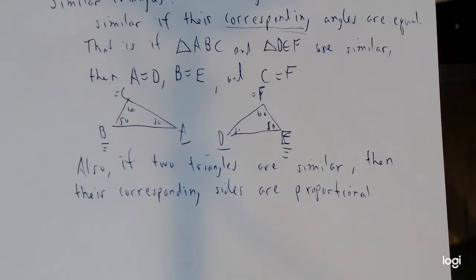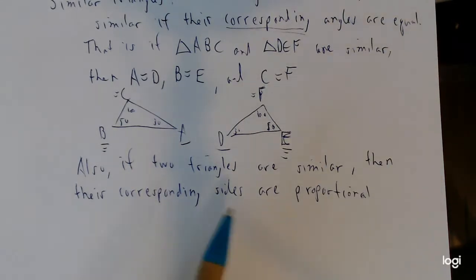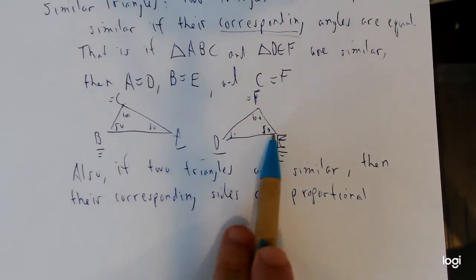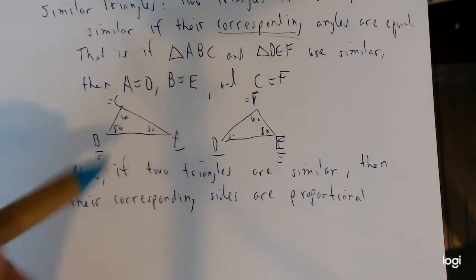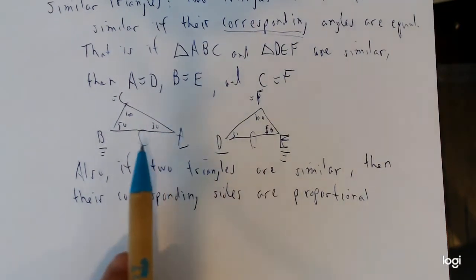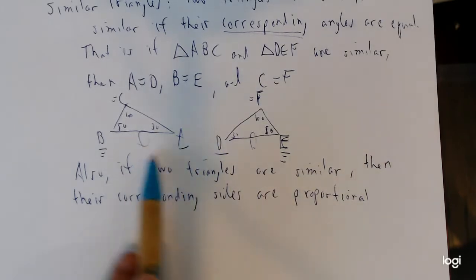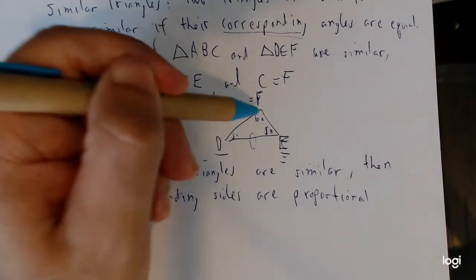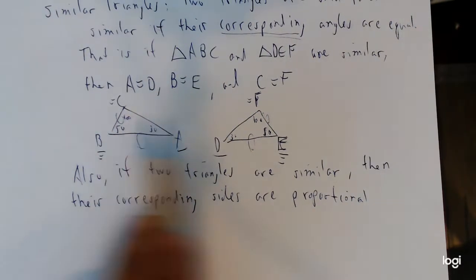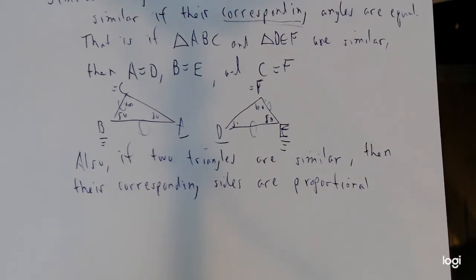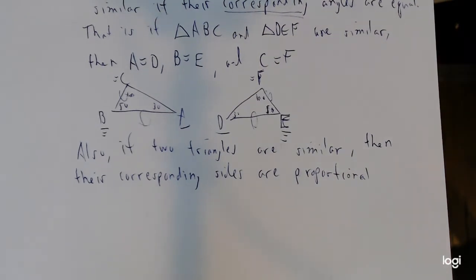So what is it that I'm saying here? If I have similar triangles and I take their corresponding sides, since these two angles and these two angles are equal, this side and this side are corresponding sides. If I write a ratio where I take one side divided by the other, and then I take the next two corresponding sides and find the ratio, the ratio will stay the same. That's what we mean by they're proportional.